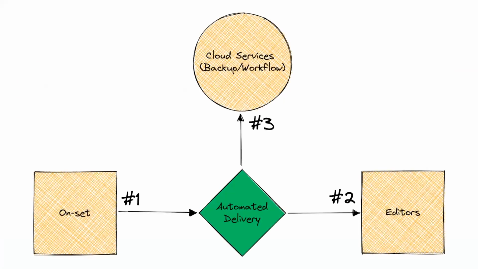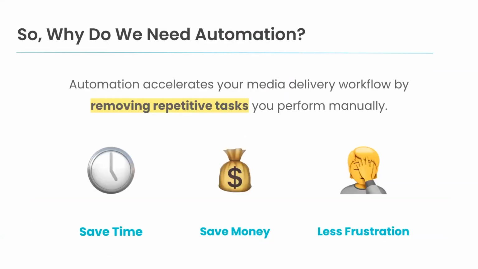Here's a typical collaboration workflow demonstrating the flow of media assets. This magic automated delivery diamond in the middle is at the heart of our discussion today. So why do we need automation? See, waiting for files to be delivered can be detrimental to productivity. We don't want file delivery to be the work.